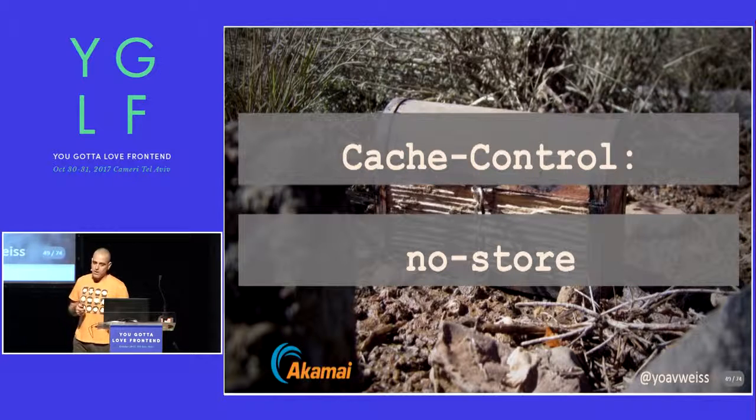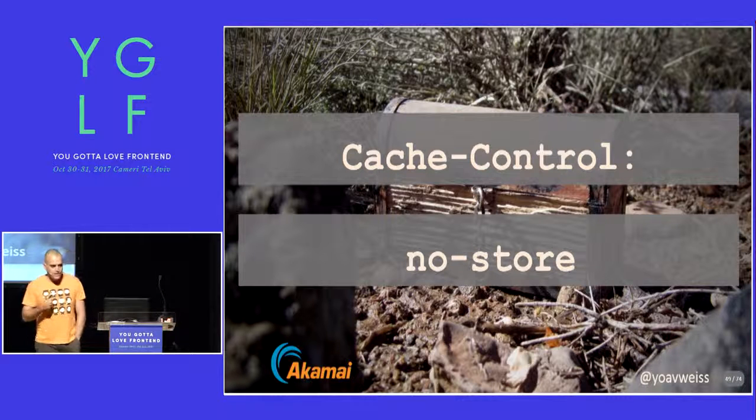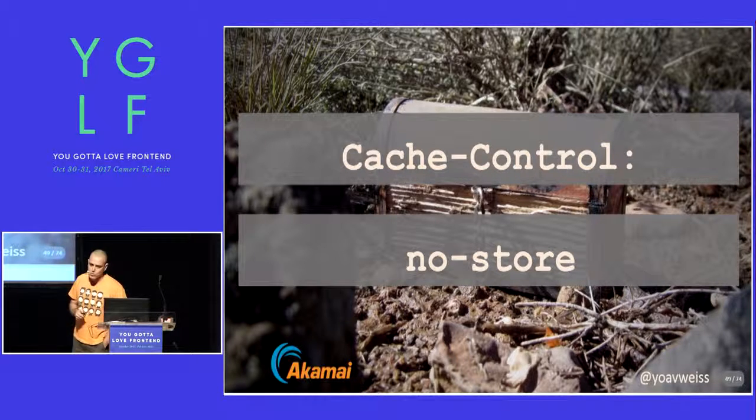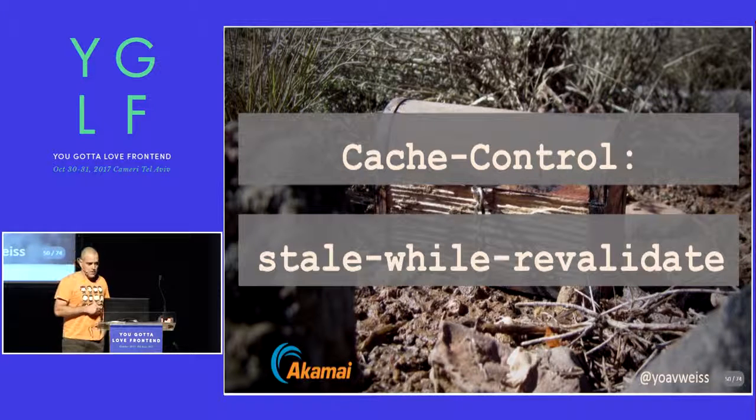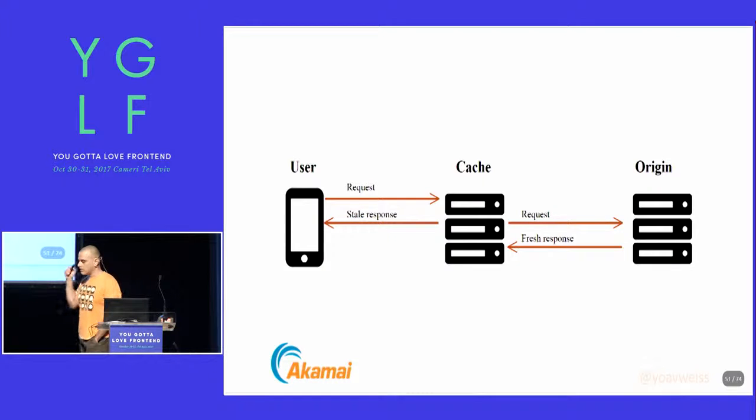Cache control no store actually does what it says and avoids storing that resource on disk and evicts it from memory as soon as possible. This is something you should use for privacy-sensitive information, such as banking details. And stale while revalidate is a relatively new caching directive that enables a cache to serve the content stale once while revalidating that request at the same time.